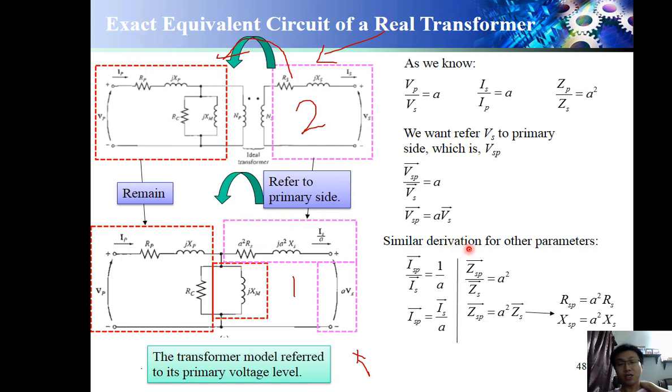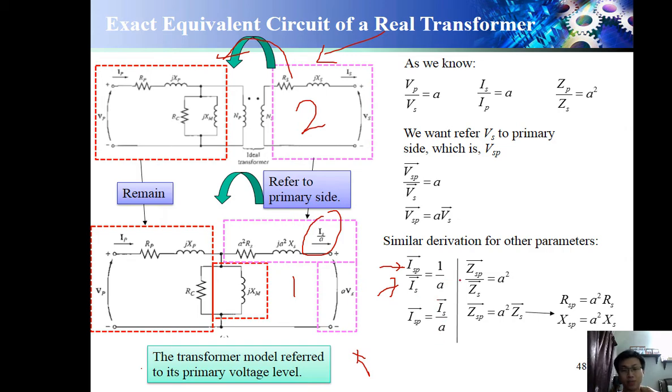Similar derivation for other parameters. I want to find my ISP. ISP is the primary side, IS is my secondary. So 1 over A, then my ISP becomes IS divided by A.